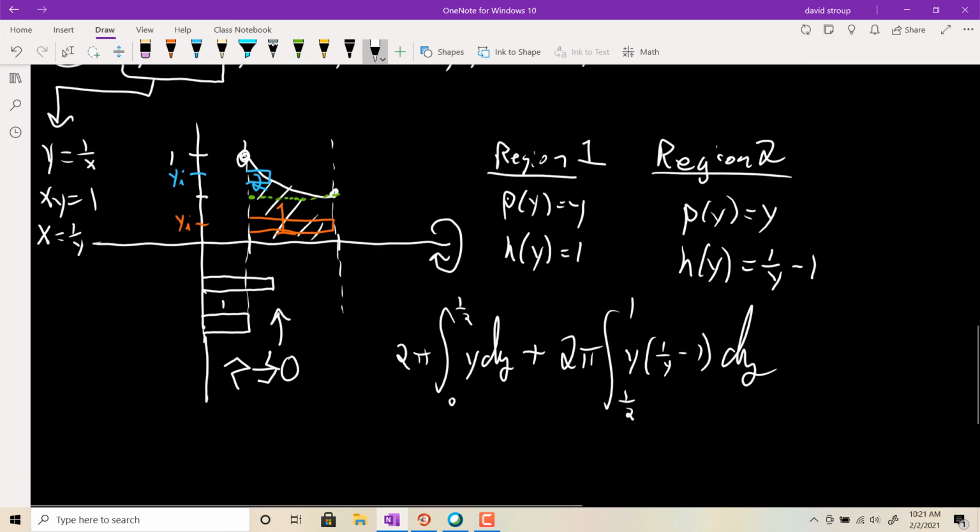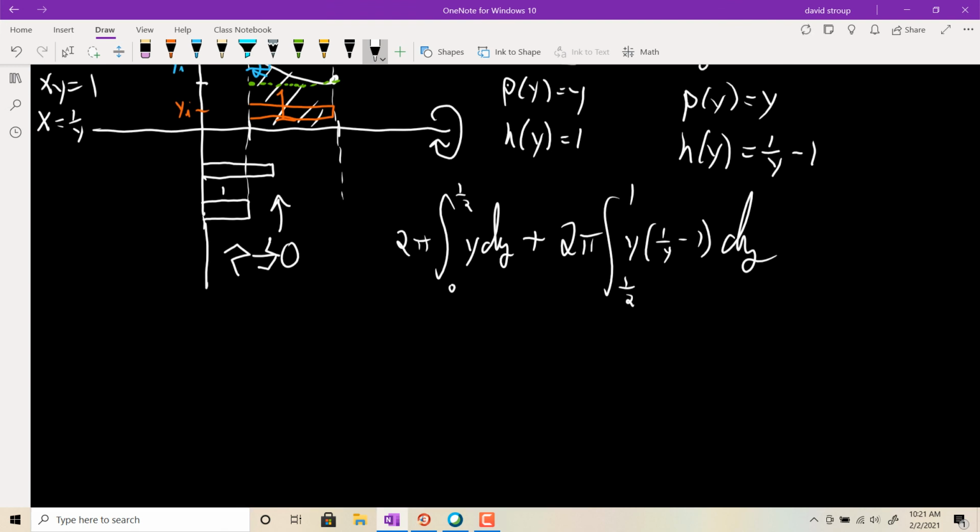Okay, and once you get it set up, that's 99% of the battle. The rest is just, do you know how to integrate? Okay, so we have 2 pi, integral of y is y squared over 2. And we need to evaluate this, and then plus 2 pi times, well, I guess I still need to distribute here.